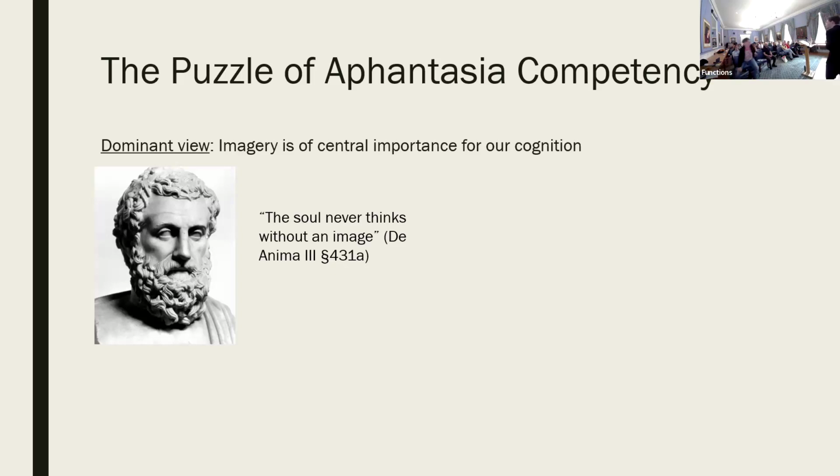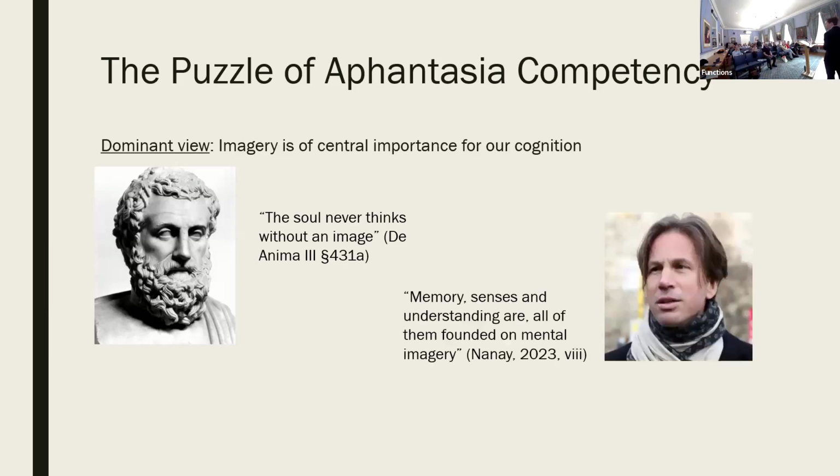And if you want a more contemporary proponent of this position, you can take, for example, Bensonn, who wrote in the preface of his book, Mental Imagery, that memory, senses, and understanding are all of them founded on mental imagery. But now, if this were so, then we would expect that people who cannot voluntarily generate visual mental imagery, and keep in mind, visual imagery is also assumed to be very important, we are supposed to be visual creatures, right?